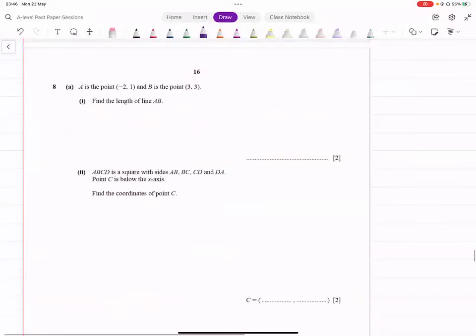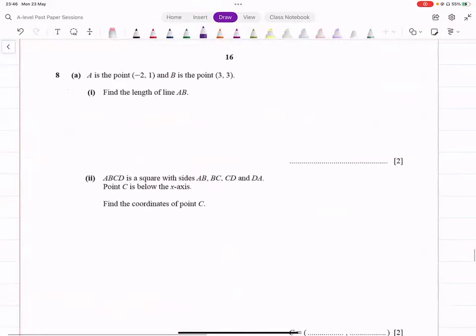Let's move on to question number 8 now. Question number 8, part A. A is the point -2, 1, and B is the point 3, 3. We've got these 2 points. We have to find the length of the line AB. Distance formula laga dein. Again, working show karni hai. x2 minus x1 whole square plus y2 minus y1 whole square. हम यहाँ पे लिख लेते हैं x1 y1 x2 y2.